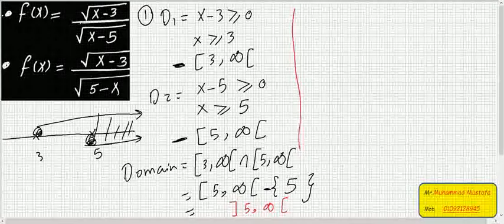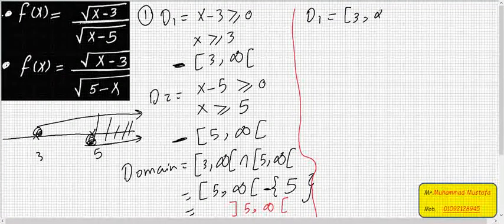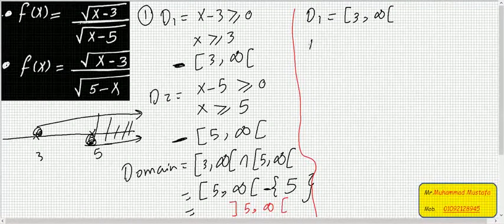When we talk about the second one, D1, if you calculate it, is 3 to infinity. D2, if you calculate it, put 5 minus x greater than or equal 0, you find the domain negative infinity to 5 closed.